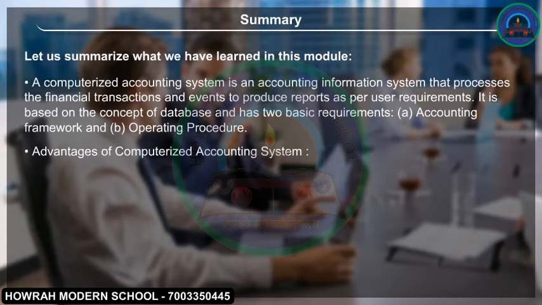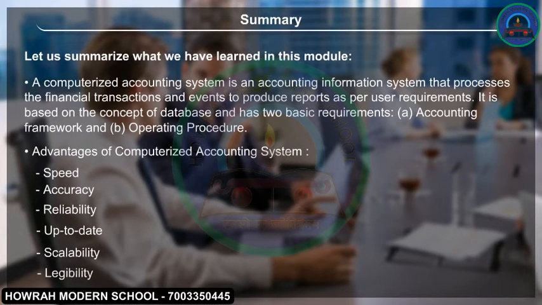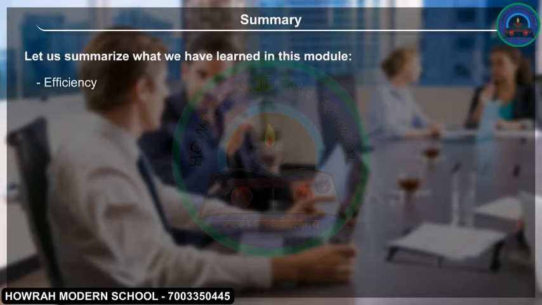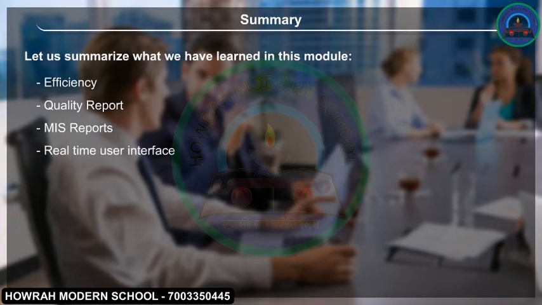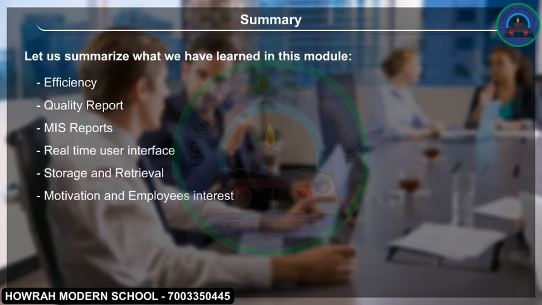Advantages of computerized accounting system: speed, accuracy, reliability, up-to-date, scalability, legibility, efficiency, quality report, MIS reports, real-time user interface, storage and retrieval, motivation and employees' interest, automated document production.